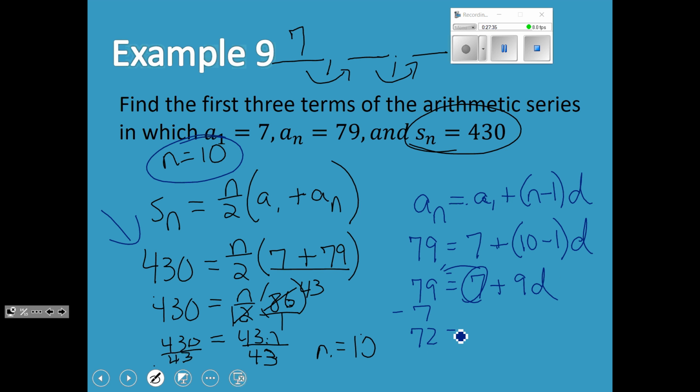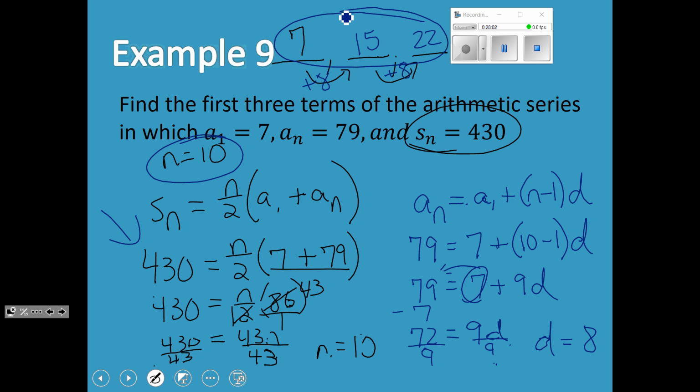So 72 is equal to 9d. And I'm going to divide by 9. So my common difference, d, is equal to 8. Now if I know that I'm adding 8 every time, this would be 15, and this would be 22. So that's our first 3 terms.